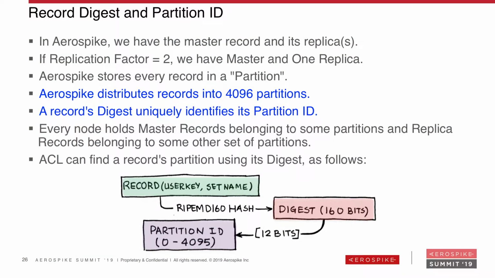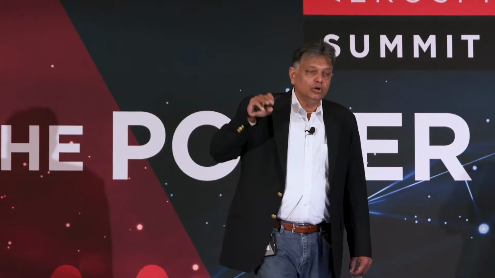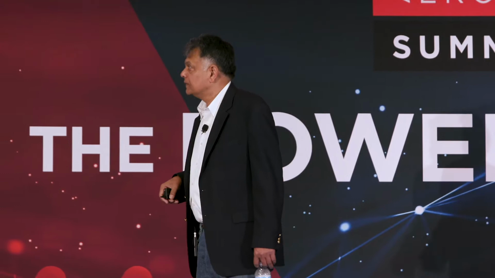We take 12 bits of that digest, and that identifies the partition of that record. So every record's partition can be determined right at the client library. As soon as it computes a hash, it knows which partition it belongs to. And so if it knows which node holds which partition, it can directly go to that node, right? That's how the partition is identified.